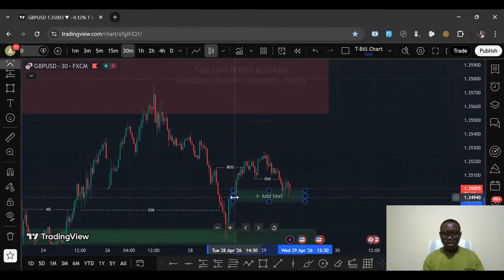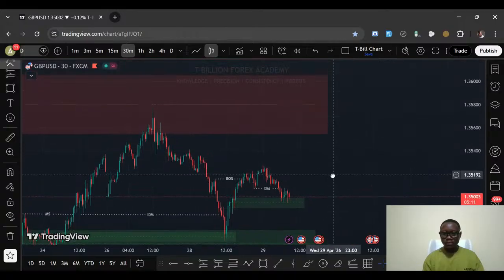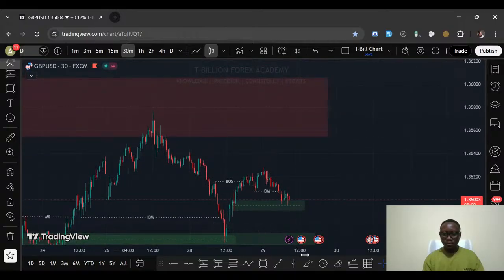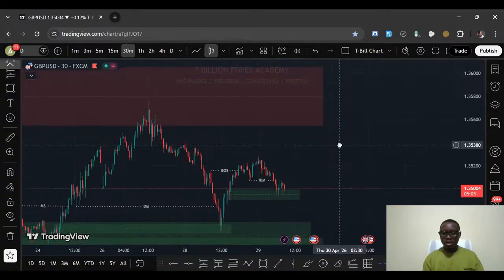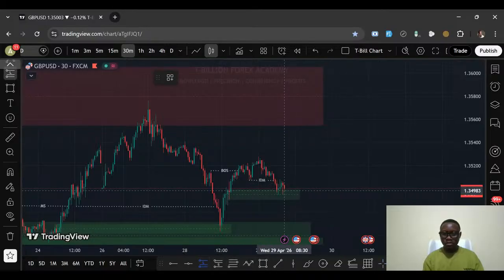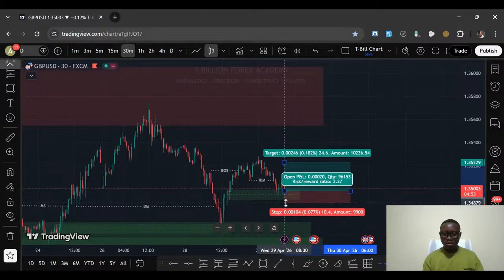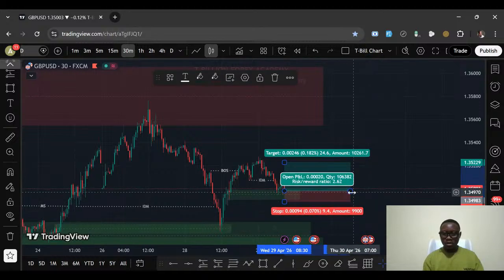If you're on GBPUSD, please you can take this trade. This is our entry. I'm going to drop this right now on the free signal Telegram channel. So this is our entry, and this is our stop loss right here.